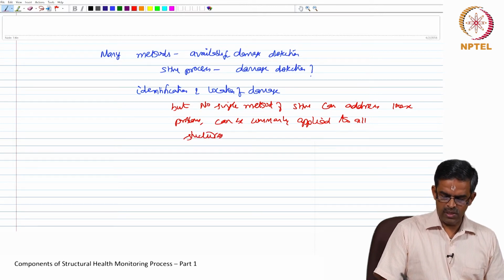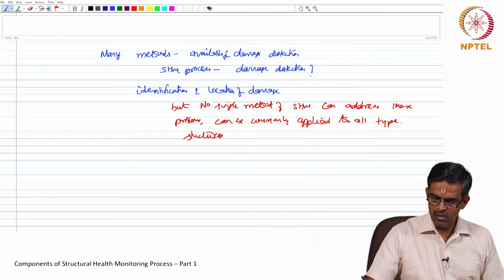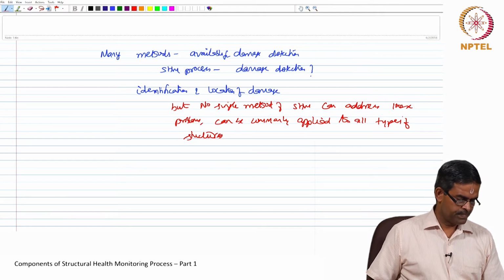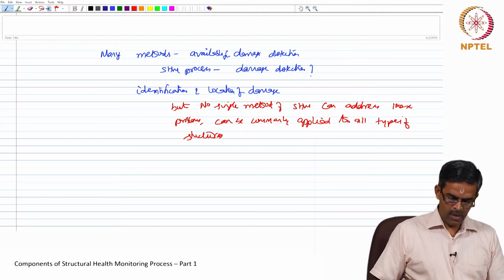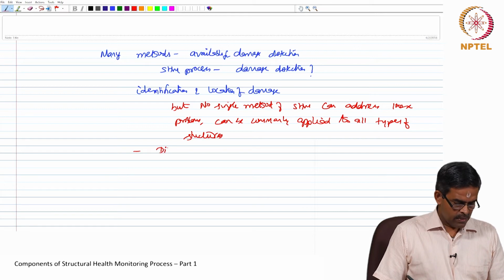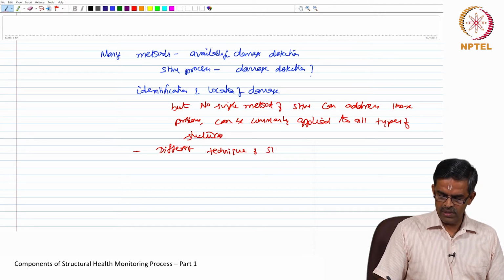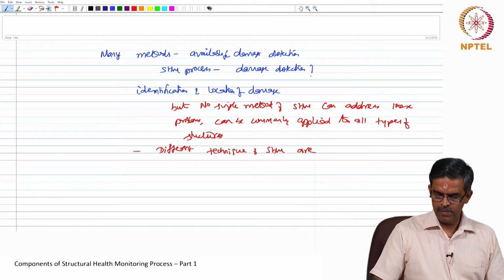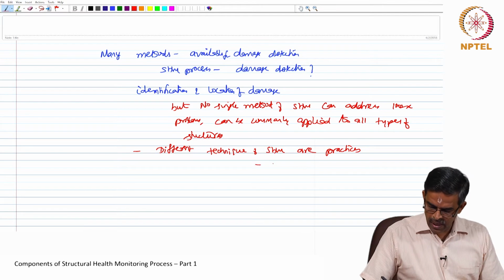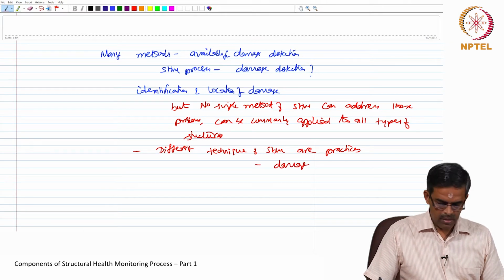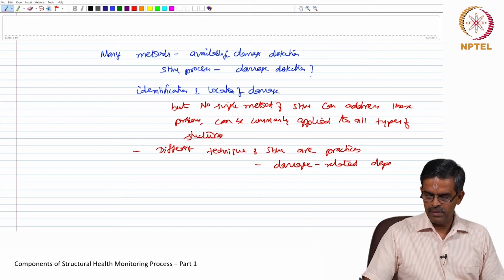In fact, I should say all types of structures. It means different techniques of SHM are practiced and they are all damage related dependency.